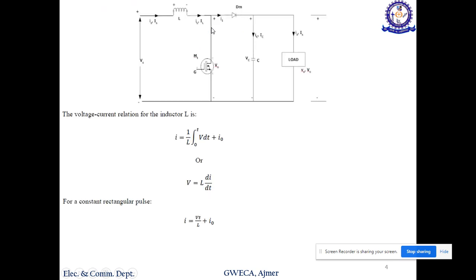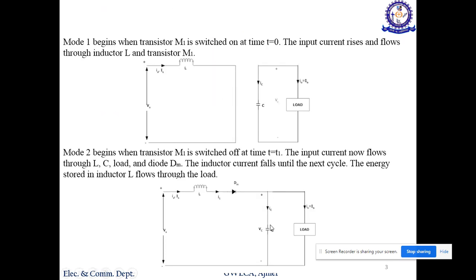What is written? Just like in this circuit, when your transistor is on, the voltage across this is Vs, and the difference is the drop. Ideally it is short circuited, but in practice there is a very minute drop.